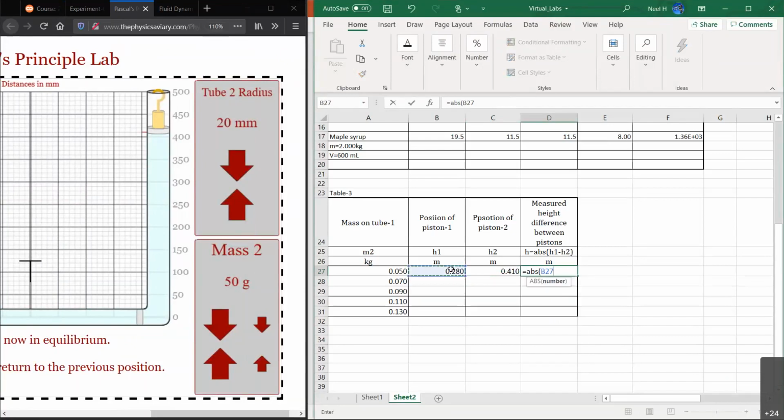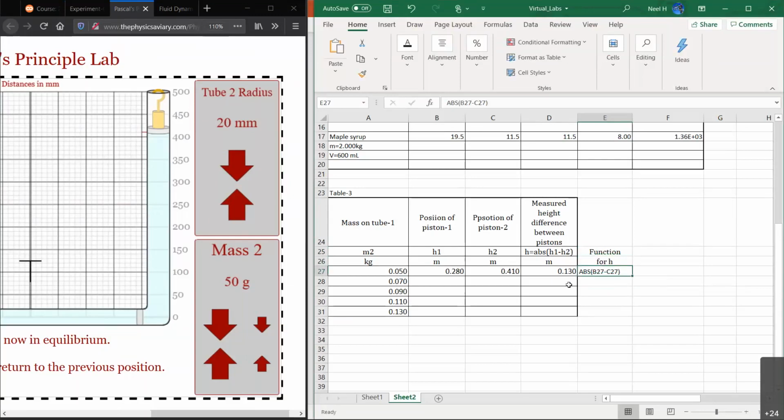You can take the difference anyway if you use the absolute value. So 0.130. Let me copy paste that. The function is ABS. Remember, any function you want to use in Excel has to start with the equal sign. ABS, then the cell value minus the other cell value, which will automatically give you the positive answer. So this is the function I use for the H calculation.